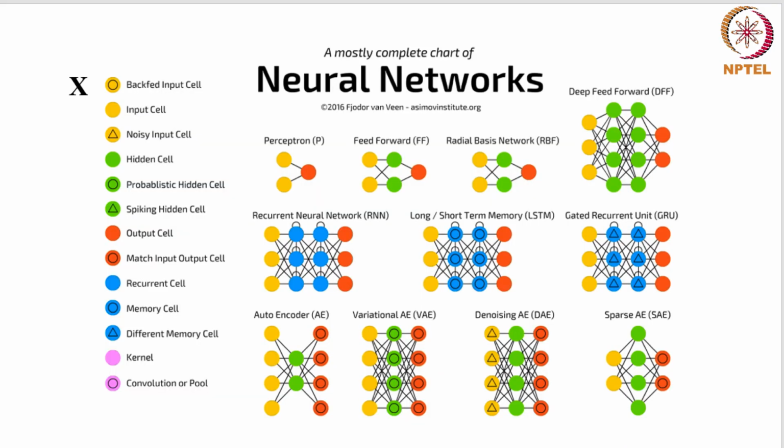Finally, there is a slide here on different versions of neural networks. You can see the perceptron. You can see the feed-forward method, which had a hidden layer, but not many hidden layers.